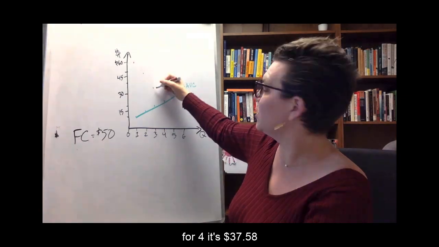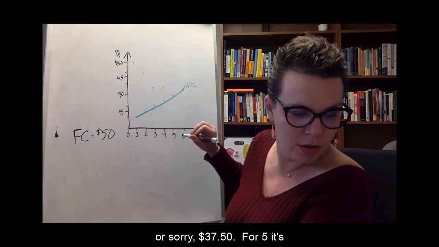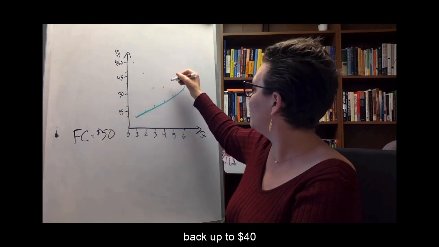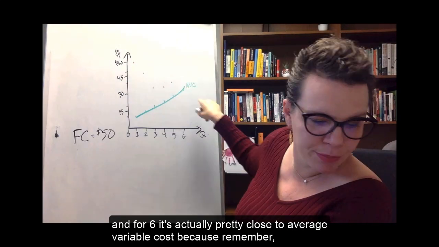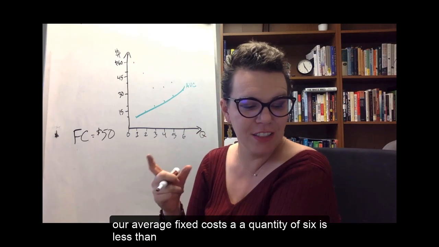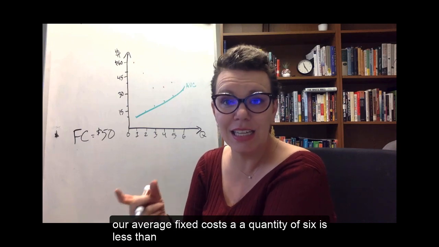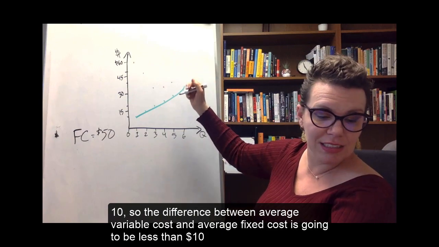For 4, it's 37.50. For 5, it's back up to 40. And then for 6, it's actually pretty close to average variable cost because remember, our average fixed cost at a quantity of 6 is less than 10. So the difference between average variable and average total is going to fall to less than 10.